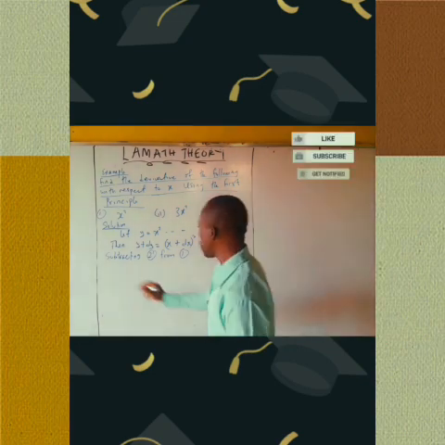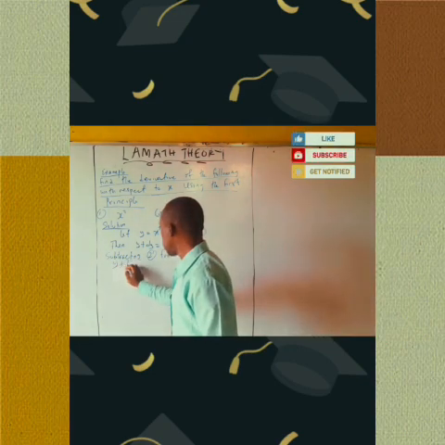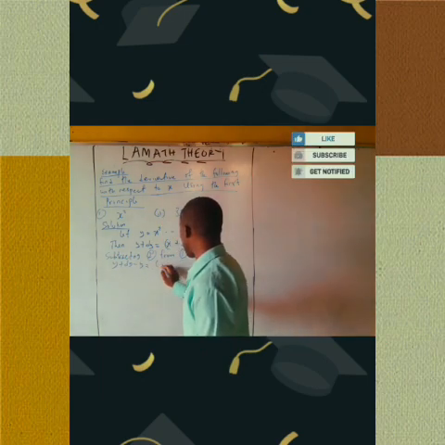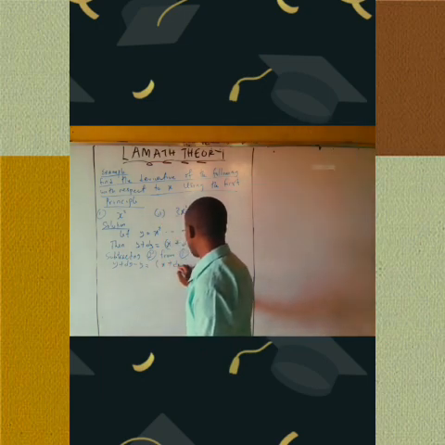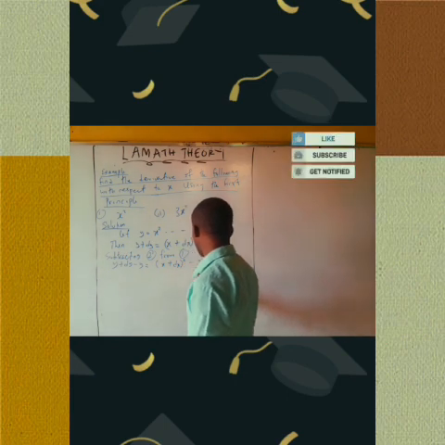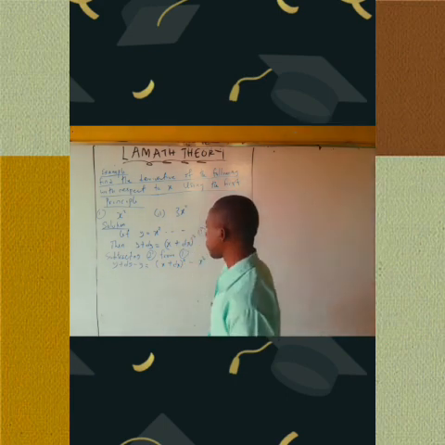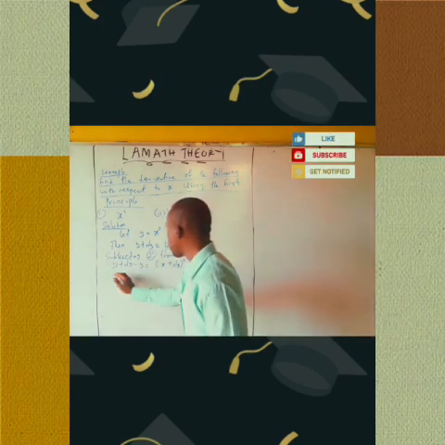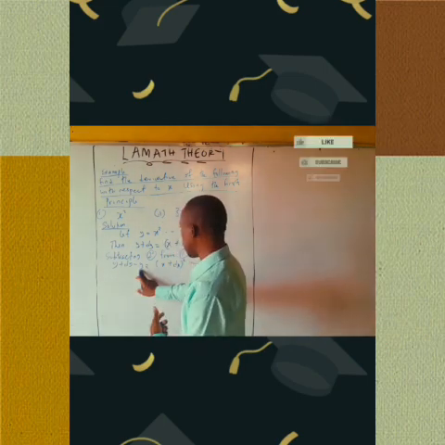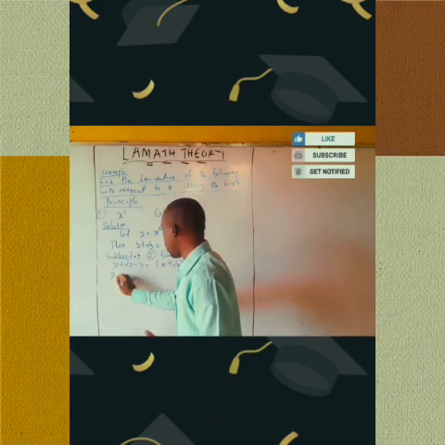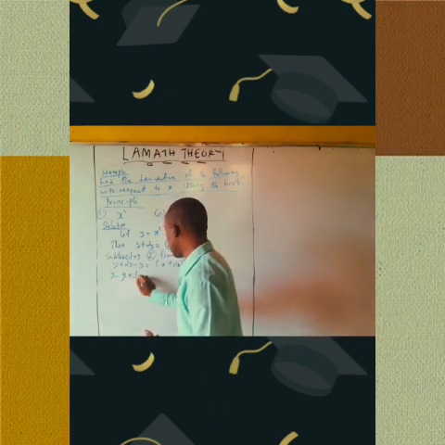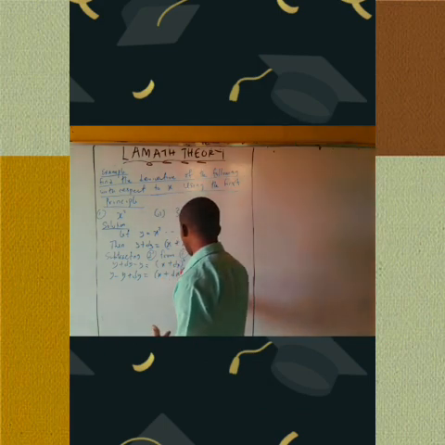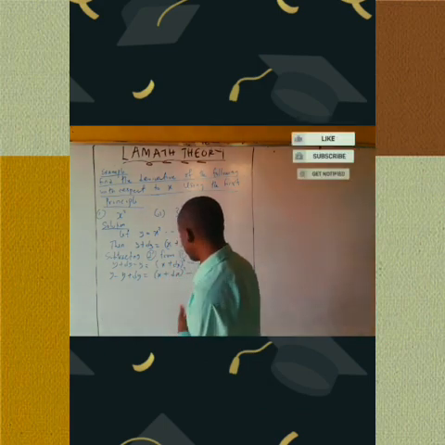Now our 2 is y plus dy minus y equals the open bracket x plus dx squared minus x squared. Are we together now? Okay, now we collect like terms here so that we can eliminate this y. So we have y minus y plus dy equals (x plus dx) squared minus x squared.